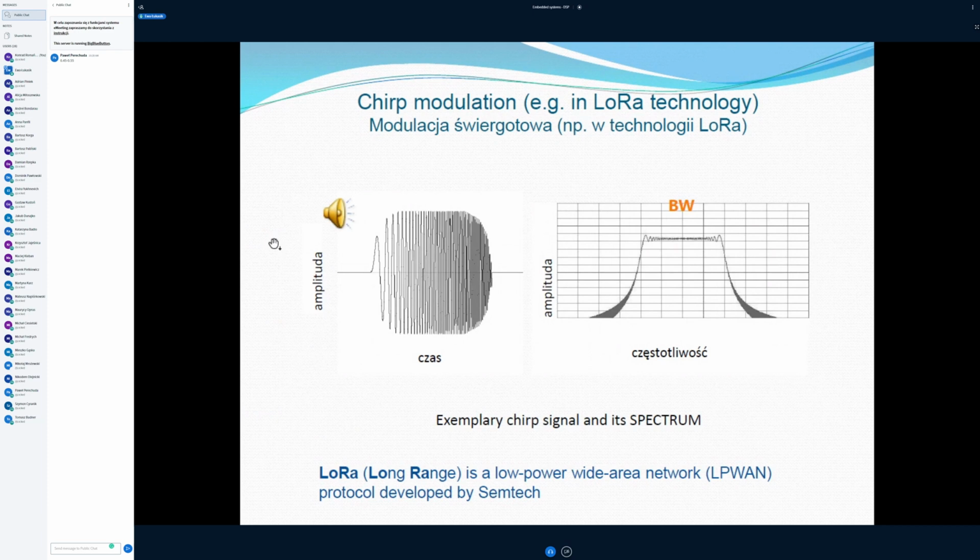But when we average that and calculate the spectrum, we can see that it occupies a certain band. That's why chirp modulation is one of the spread spectrum methods. Yeah?